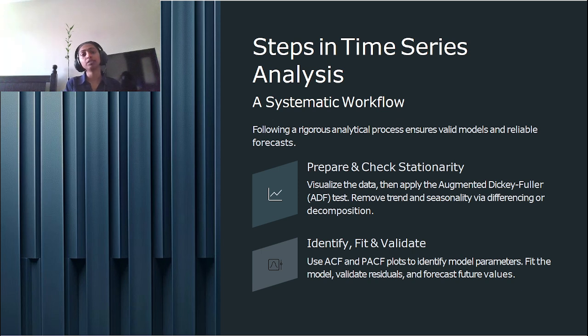So the steps in time series analysis: we have to first check the stationarity, pre-process the data, and as per that we have to choose the model. For testing stationarity, there is a method called the augmented Dickey-Fuller test. The ADF test. Based on that test, we can understand whether the data is stationary or not.